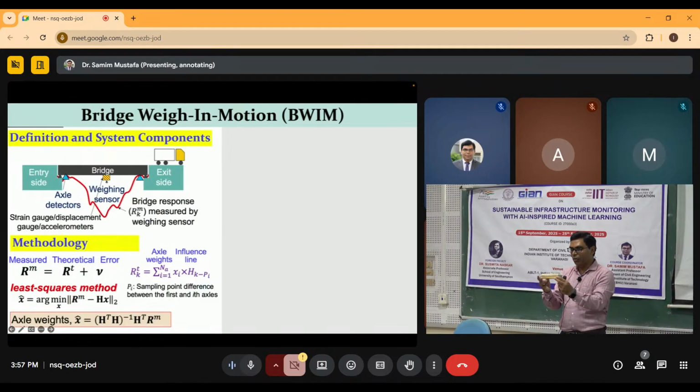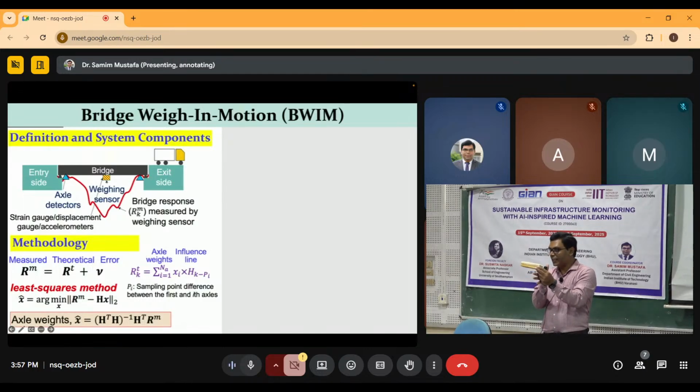Now when you know the entry time and you know the length of the bridge, you can obtain the velocity. The velocity is the length divided by the time between the entry of that axle and the passing, or exiting, of that axle. Then you get the velocity of the vehicle, and from there you can know the sampling points defined between each of the axles. So that can be done.